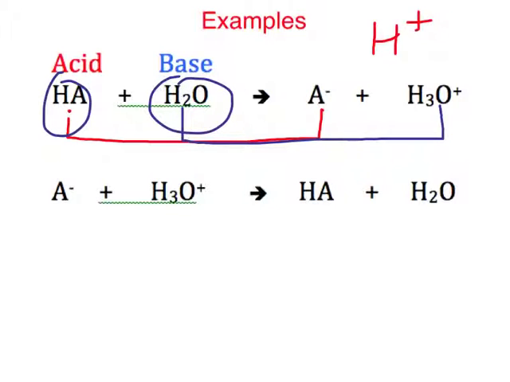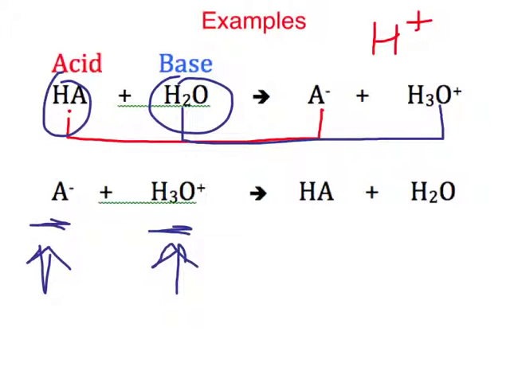Now let's look at this reaction in reverse and see if we can identify the acid and the base. Notice here we have A-, and it's the same reaction, but in reverse. So which of these two is the acid, and why?